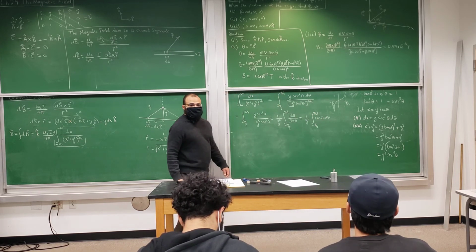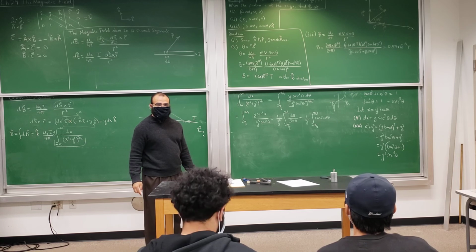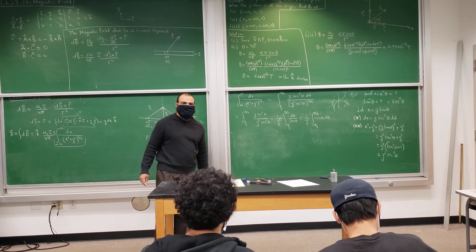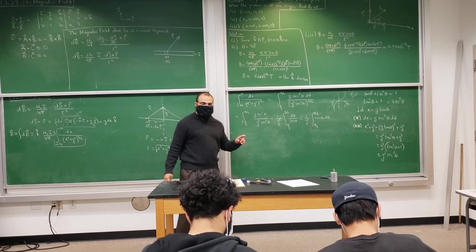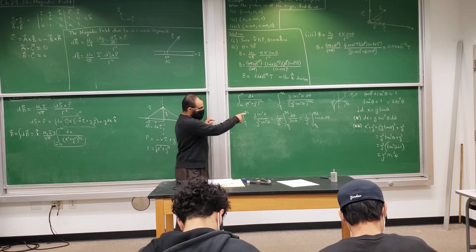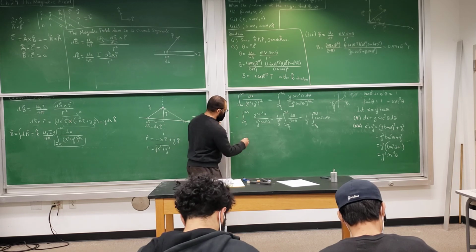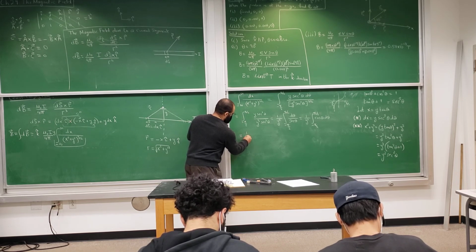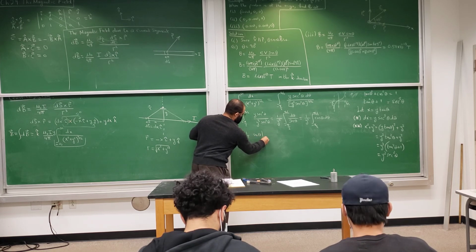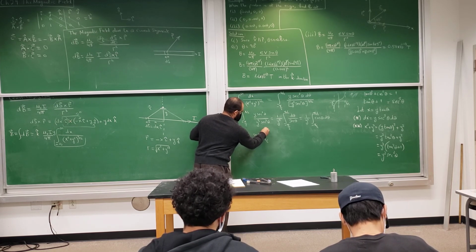What's the antiderivative of cosine? The derivative of sine is cosine, and the derivative of cosine is negative sine, so in this case it's just sine. So you will get 1 over y squared sine theta evaluated from minus pi over 2 to pi over 2.